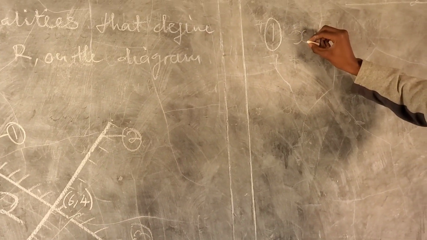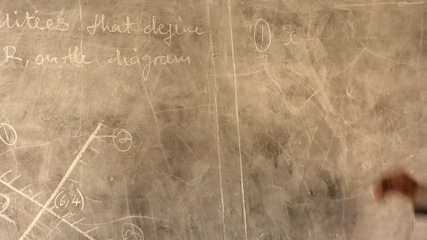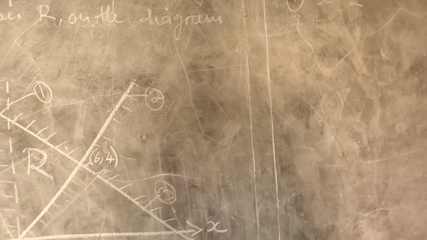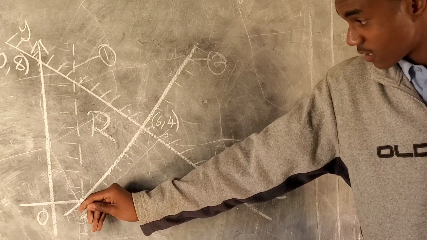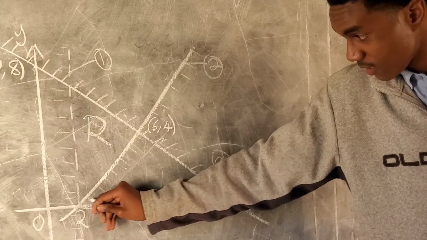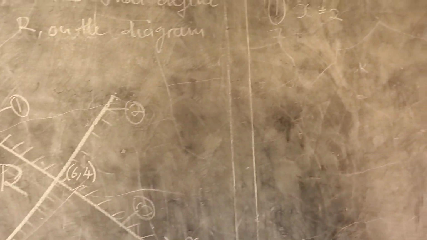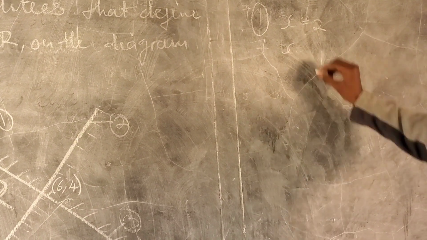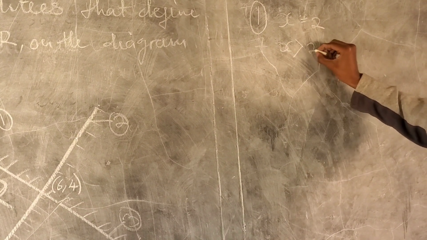So x equals 2. And since we are told to find the unshaded region, this is less and this is greater. So it's going to be x is greater than.